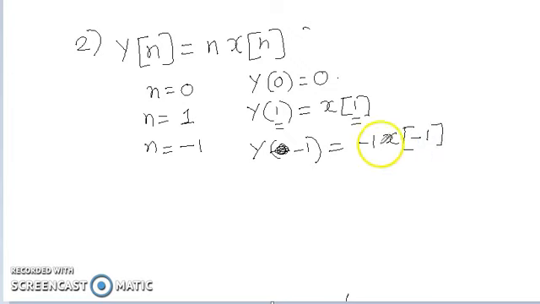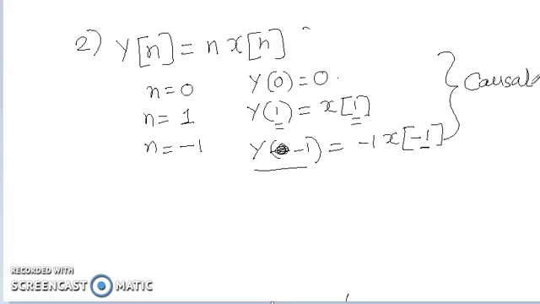That means my output has a magnitude reversal but is actually dependent on the same time instant. So we can determine that the system is causal.